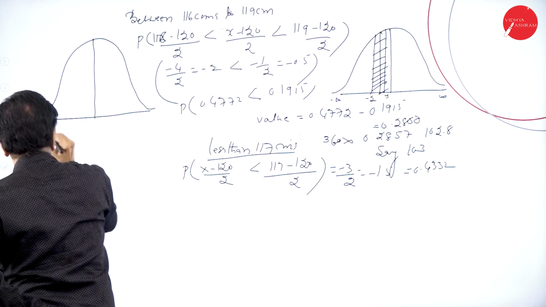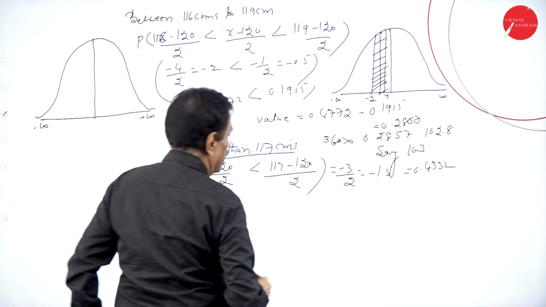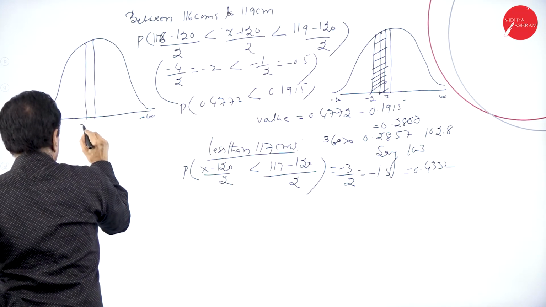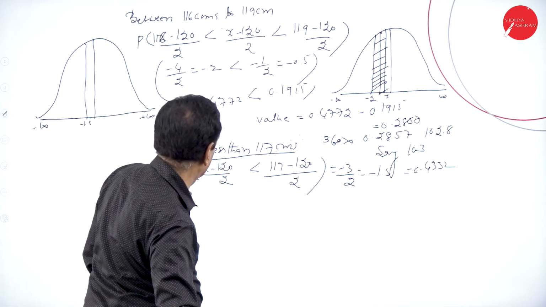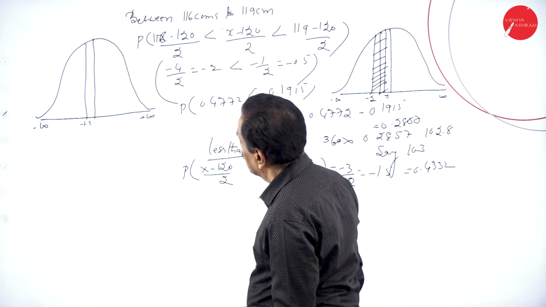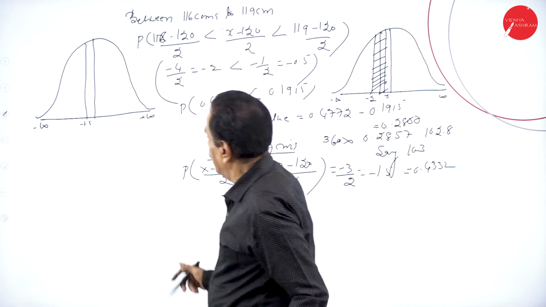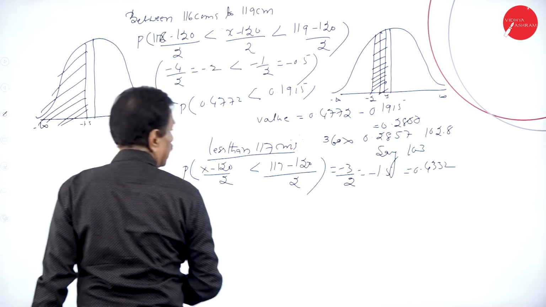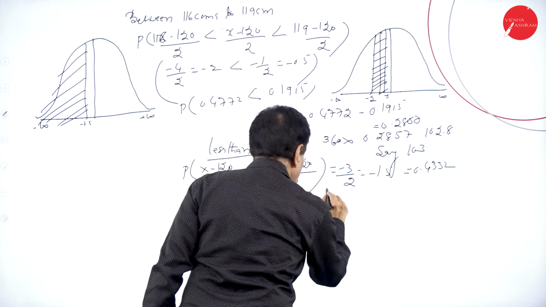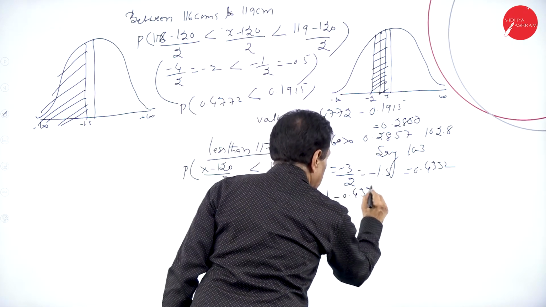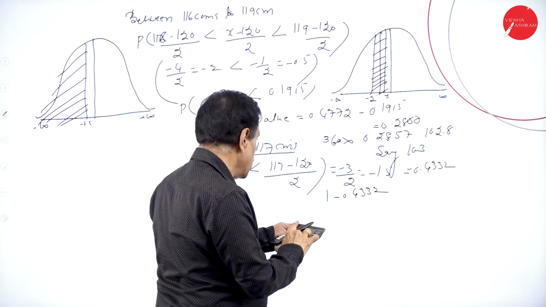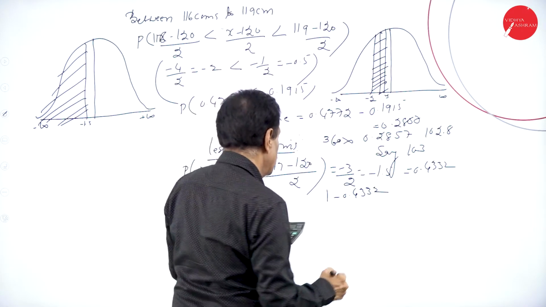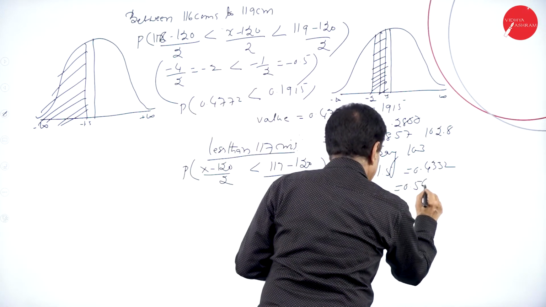Minus 1.5 is somewhere here. It is less than, so 1 minus 0.4332, that is 0.5668.